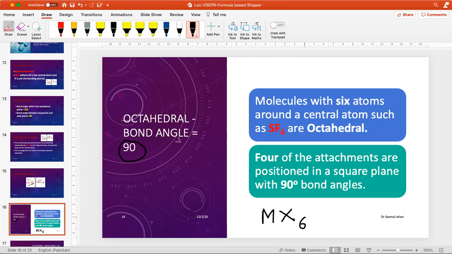Bond angles 90. Name of the shape: octahedral. Molecules with 6 atoms around a central atom such as SF6 have an octahedral shape. 4 of the attachments are positioned in a square planar with 90-degree bond angles.